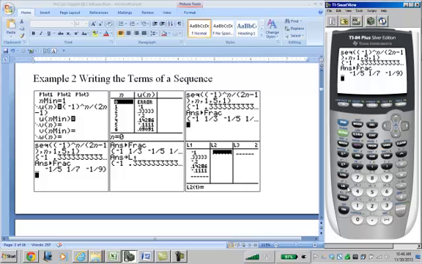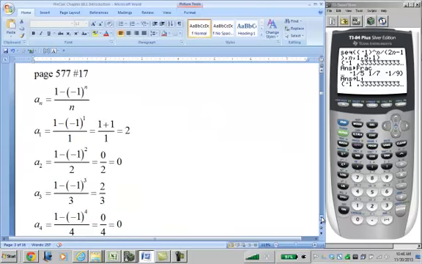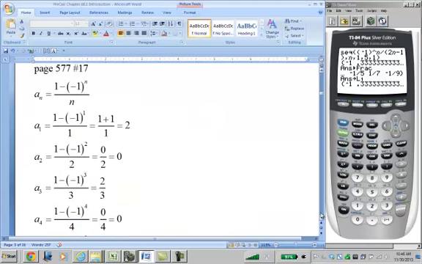So I could do, here's store, and then L1. It's another option that I have, and then I just go to stat and L1, and there's the answers right there as well. So there's a lot of different ways to do this with the calculator, depending on what you're trying to get done.